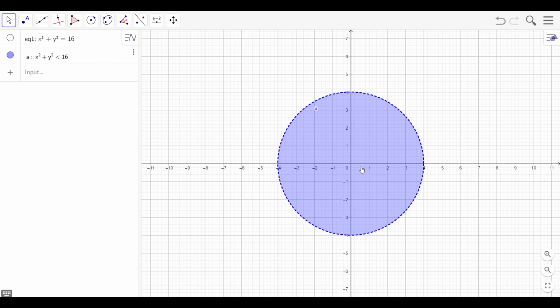So the domain is open and it is bounded because you can enclose this region inside any circle of a radius greater than or equal to 4. So it is a bounded region.